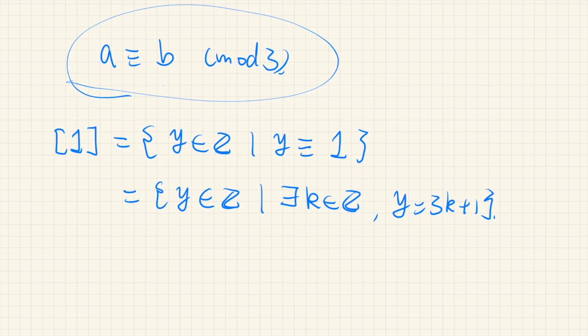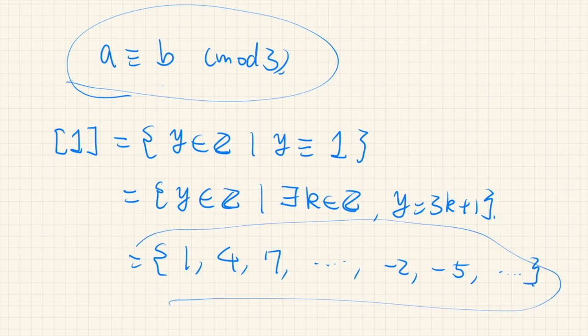So this is actually equal to 1, 4, 7. Actually, there are also negative numbers and so on. For example, 1 minus 3 is negative 2 and negative 5 and so on.